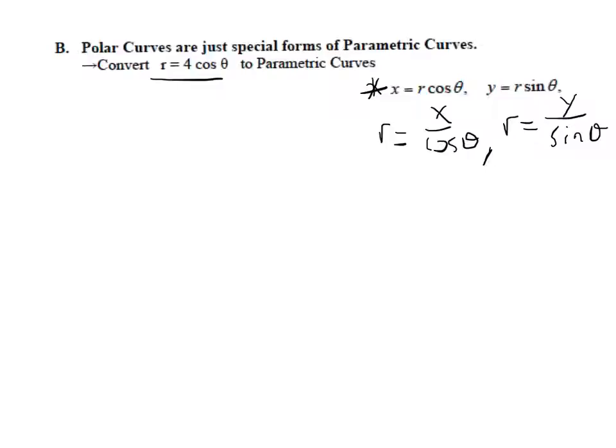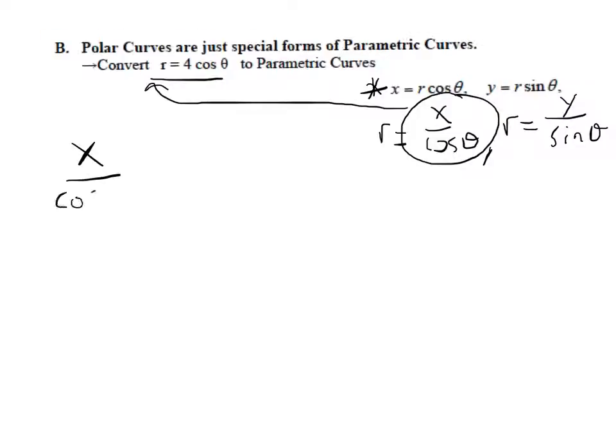So if we're going to put this into parametric equations, that means I need to end up with two separate equations. First, I'm going to take what I know r is in one form, x over cosine of theta, and I plug it in for the r right there. So I would get x over cosine of theta equals 4 times cosine of theta.